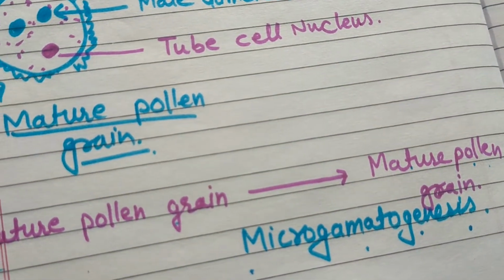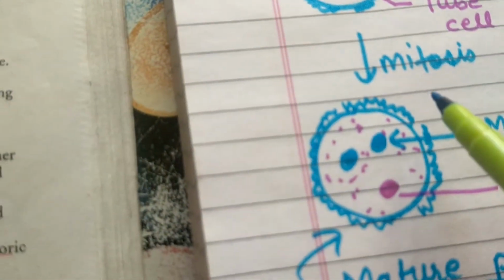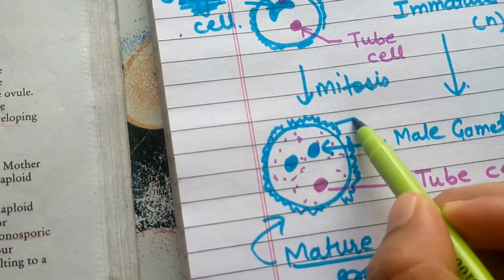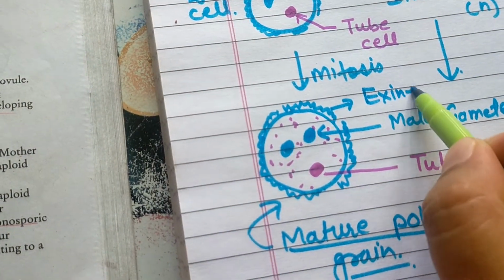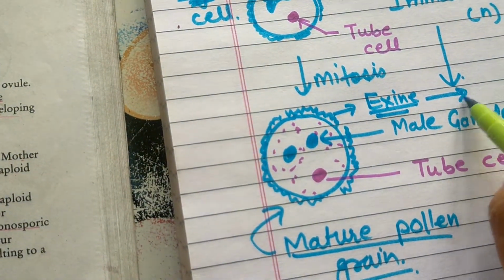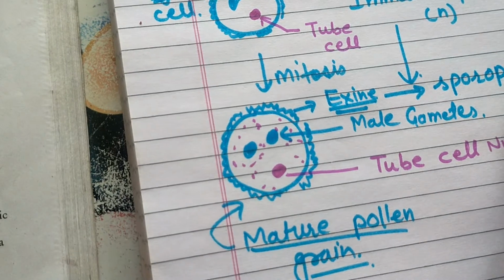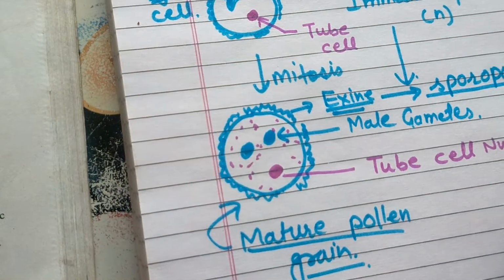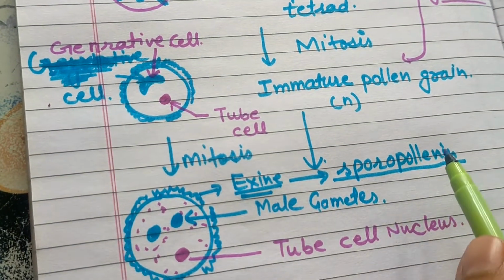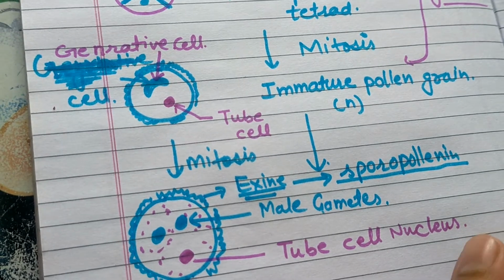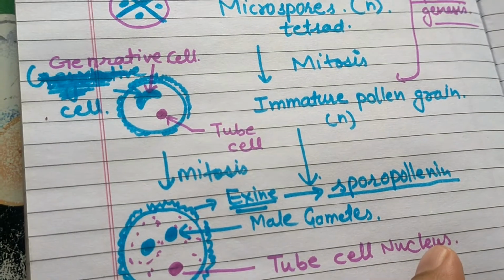One more thing I want to tell you is that the outermost layer of the pollen grain is called exine, and this exine is made up of sporopollenin, which is the toughest, or we can say the hardest, organic material on earth. It is resistant to any decay.